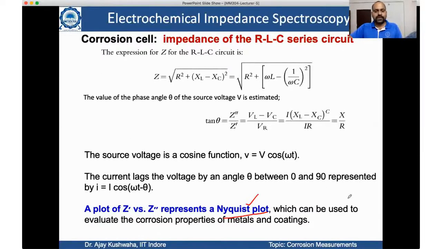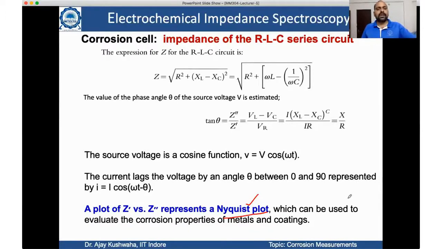and coating. So the overall idea is, if we do the impedance spectroscopic analysis using a potentiostat, we can get the values of Z dash and Z double dash. If we plot these values in the complex plane, we can get the Nyquist plot, and using the Nyquist plot we can calculate the values of different resistances and capacitances by applying the exact circuit.